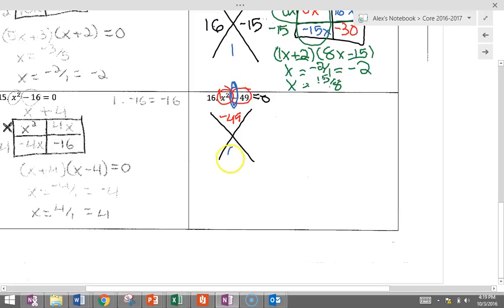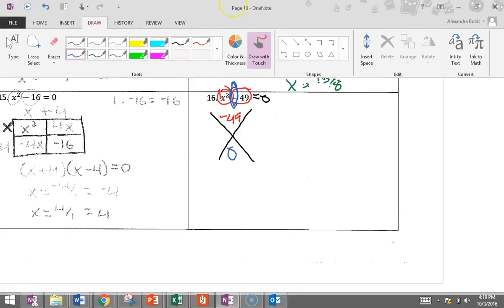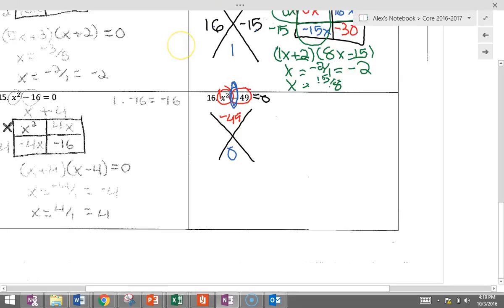There's something missing, right? If there is nothing, it's just 0, okay? So if you have no middle term, it's just 0. So what are my two numbers? Well, they are 7 and negative 7. When you have that 0 on the bottom, these two numbers are always going to be opposite. One positive, one negative.